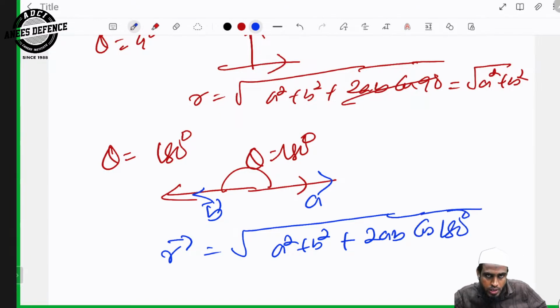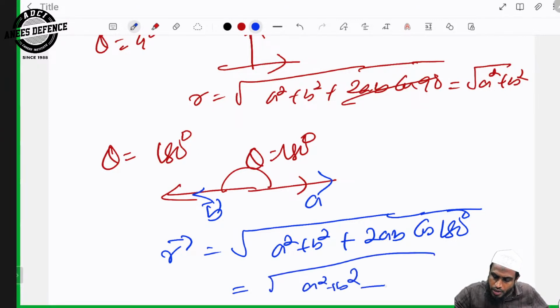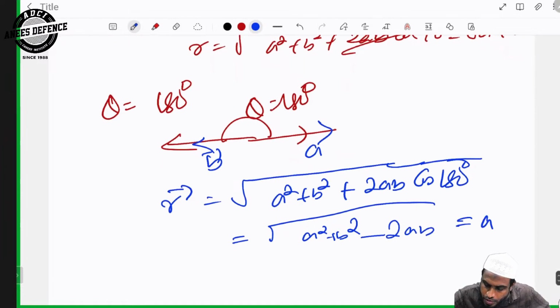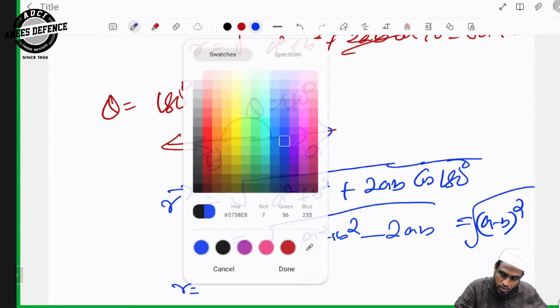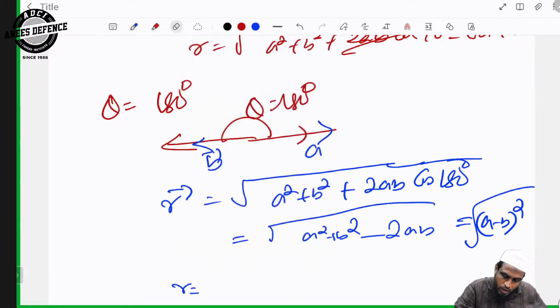Cos 180 is actually minus 1, so you can write A square plus B square minus 2AB. This is actually the expansion of A minus B the whole square. So the magnitude of R will become A minus B.